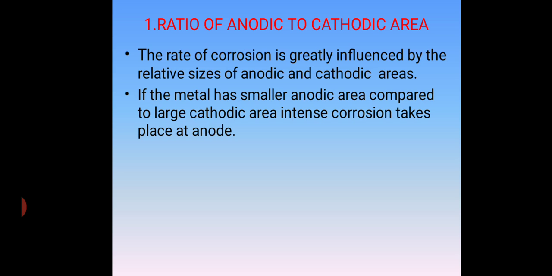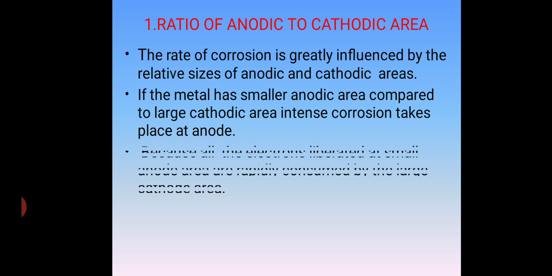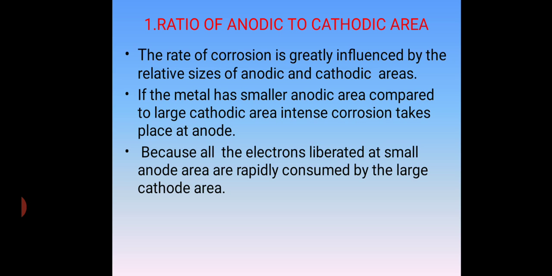Now why this happens? Because all the electrons liberated at small anodic area are rapidly consumed by the large cathodic area. What do you mean by this? We already know that in the small anodic area, the portion of the surface which acts as anode, the oxidation reaction takes place.